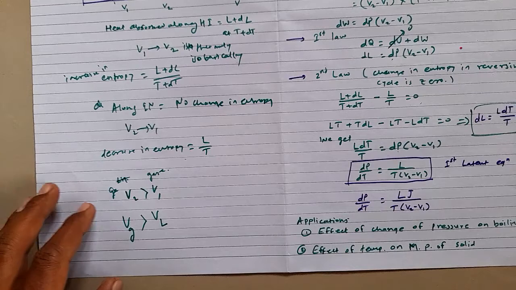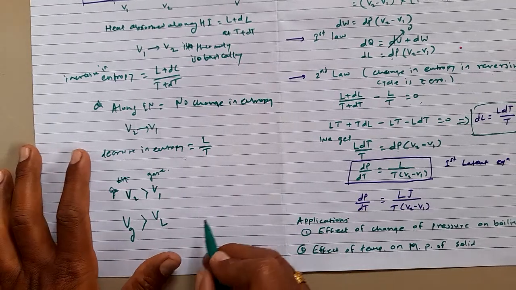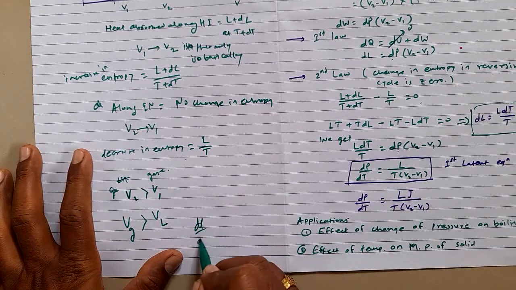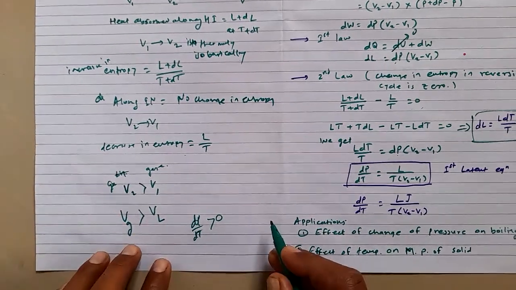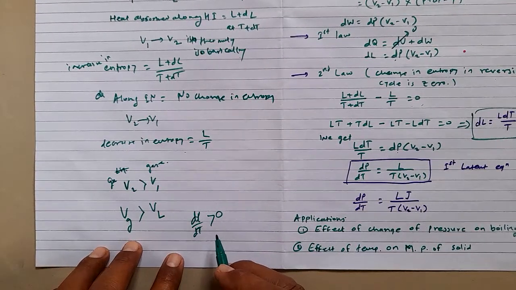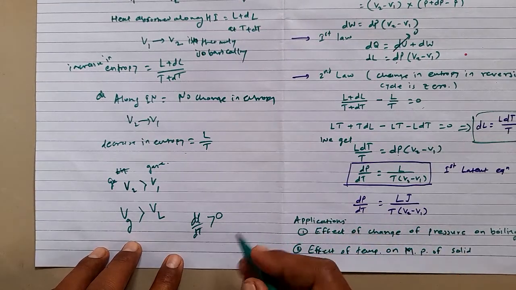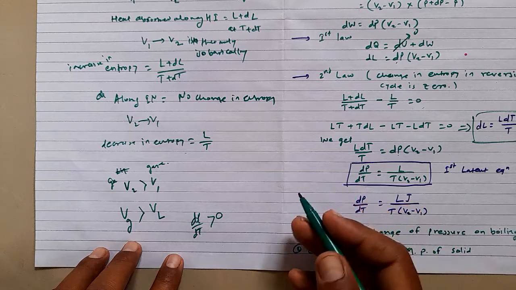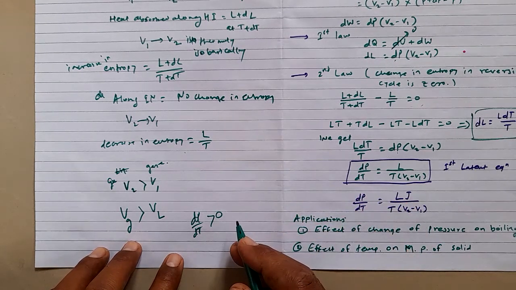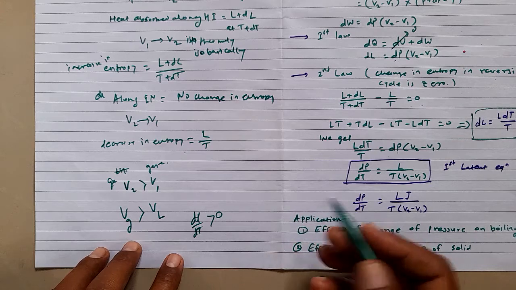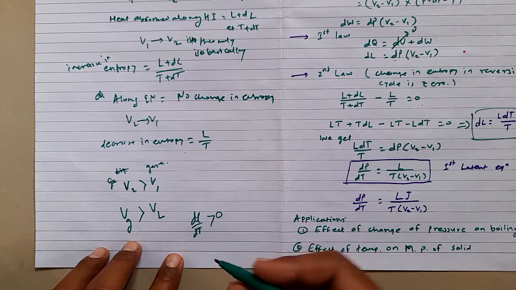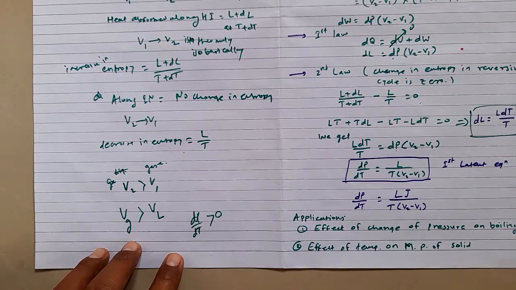So dP by dT is always greater than 0, or positive. So we can consider that with the increase in the pressure, the boiling point also increases, and vice versa. The liquid boils at a lower temperature when the pressure is reduced, and when the pressure is increased, the boiling point also increases.